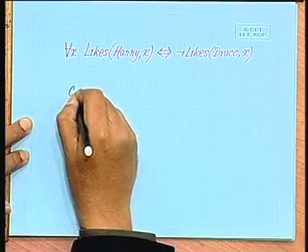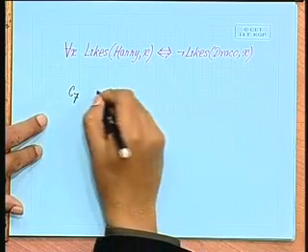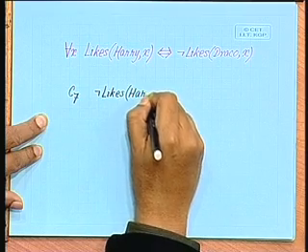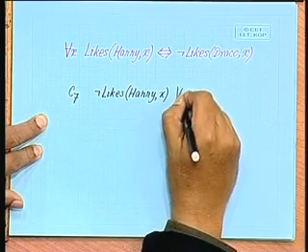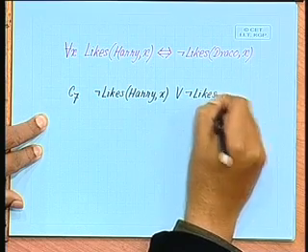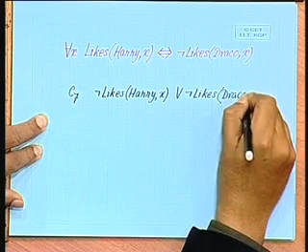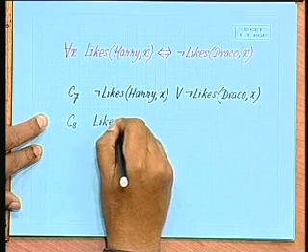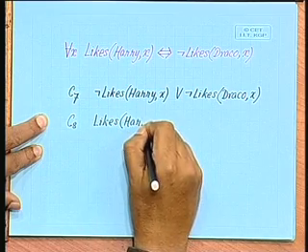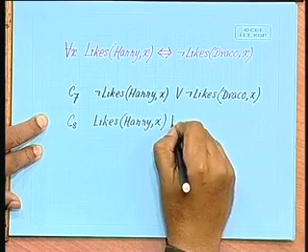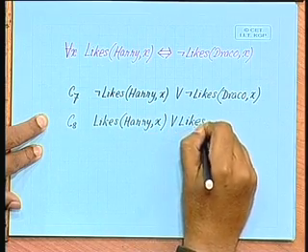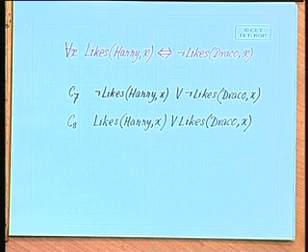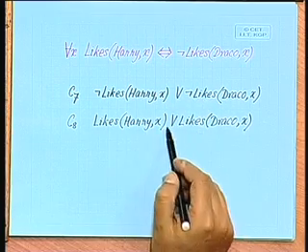So let us call them C7, which says that not likes Harry x or not likes Draco x, and C8 which says the other one. This is for one side of the implication, this is for the other side of the implication.